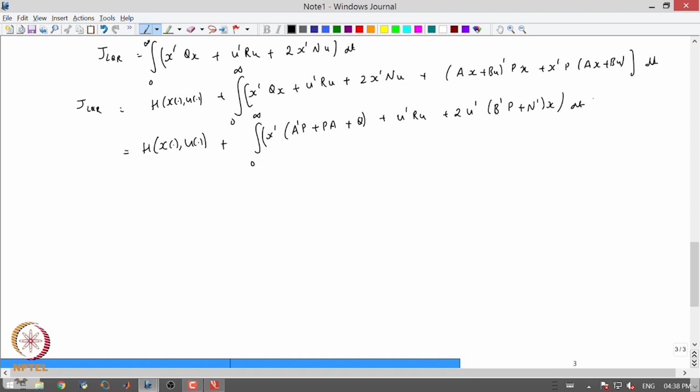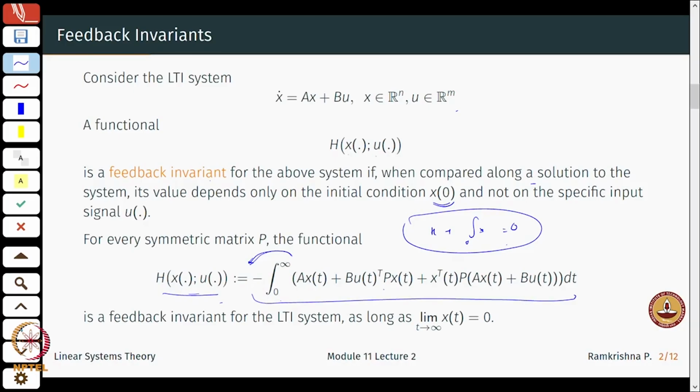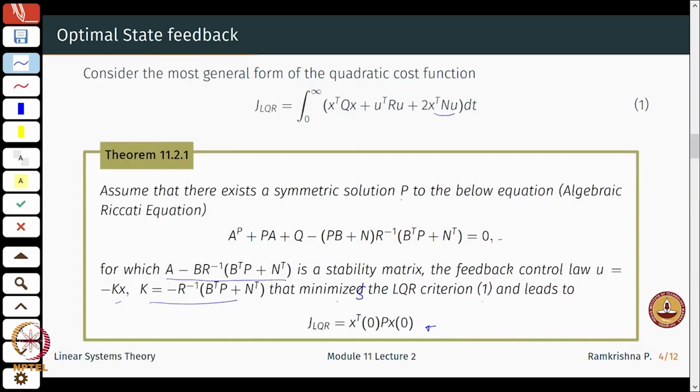Let me first see what this quantity looks like: (u plus Kx) transpose R (u plus Kx), with K as R inverse (B transpose P plus N transpose). This comes from the theorem statement here.